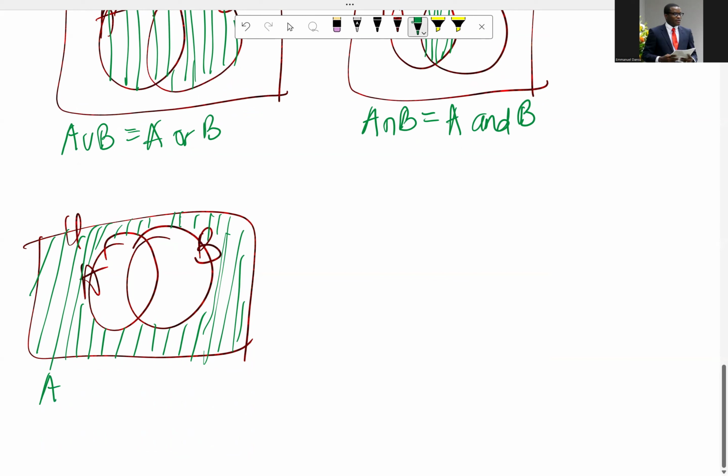So you have A union B complement. Of course, we already know from the law of union that this is the same thing as A complement intersection B complement.